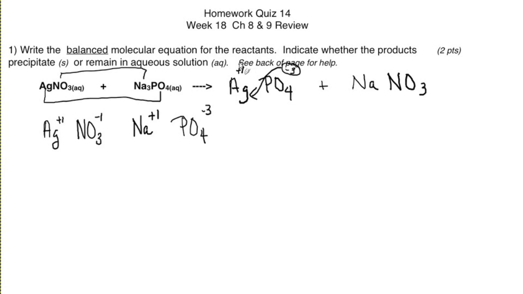You can crisscross them. And that means you're going to have one of these and 3 of these. So if you want to rewrite that, Ag3PO4, and there's only one of them, so we don't put a subscript. Then over here you have a +1 for sodium and a -1 for the nitrate, so 1 and 1 gives you NaNO3.